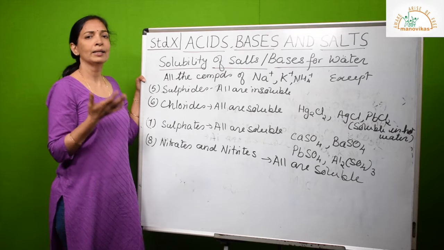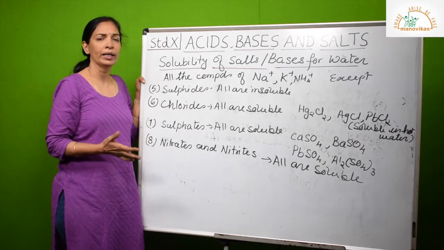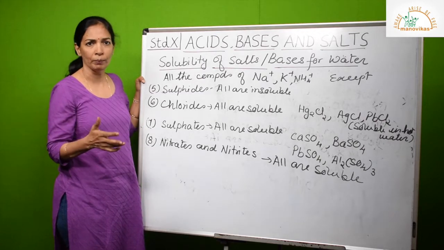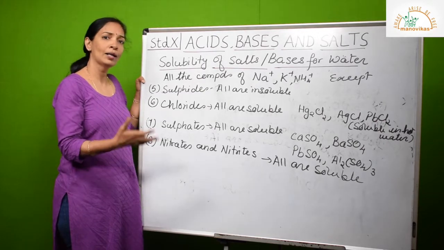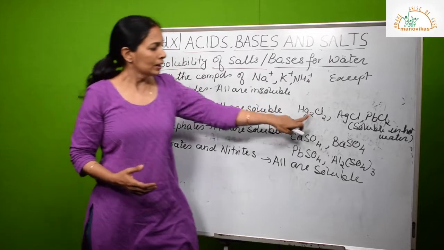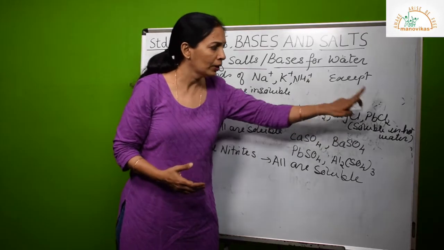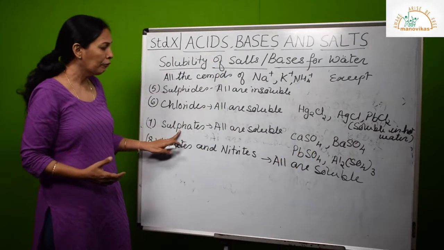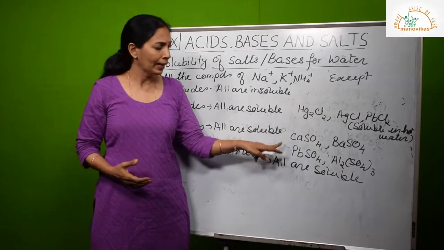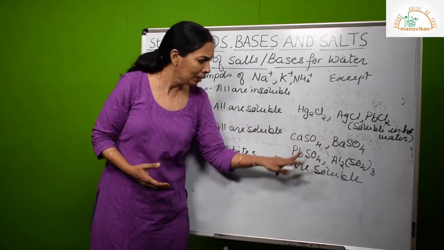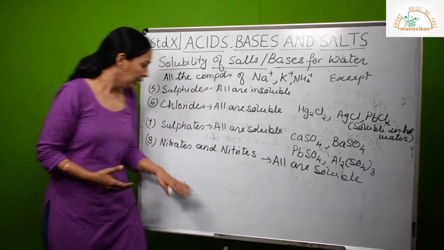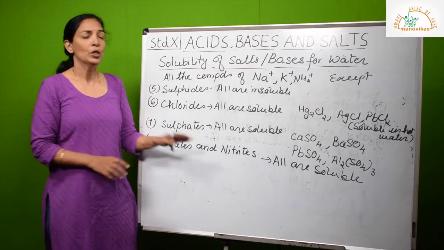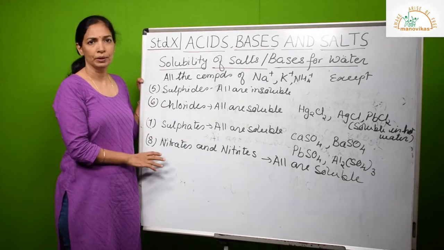Then carbonate, sulfide, all are insoluble except sodium, potassium and ammonium. Chloride, all are soluble except mercurous chloride, silver chloride, and lead chloride, which is soluble in hot water. Then comes sulfate, all are soluble except calcium, lead, barium and aluminium sulfate. And nitrates and nitrites all are soluble. So this is all about solubility.